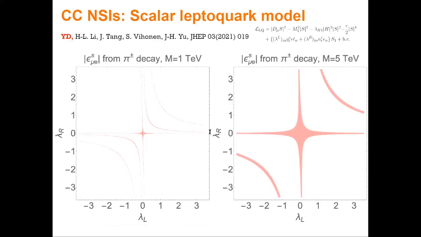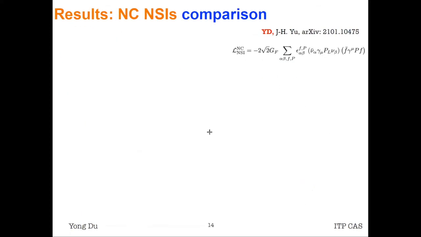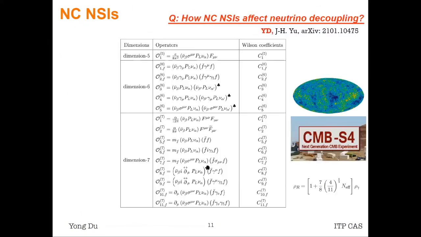If you look at the Lagrangian, the dimension 7 operators vary the lepton number by 1, since we assume a Majorana neutrino. If you compare with the Dirac neutrino, the difference is only a factor of 2, and we don't find any visible effects of violating lepton number for these operators.